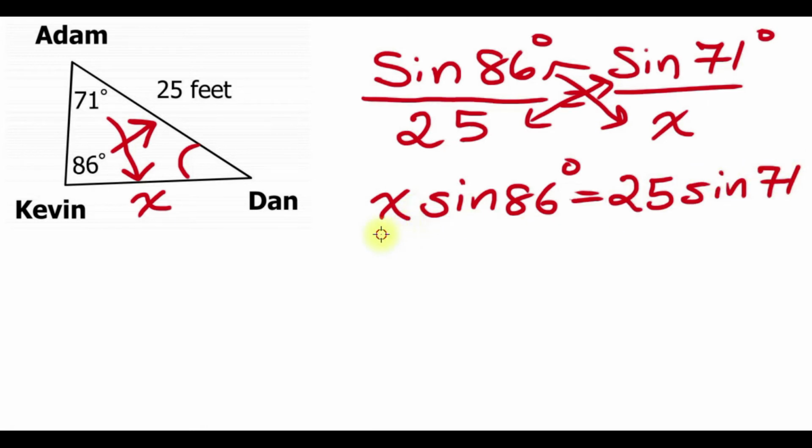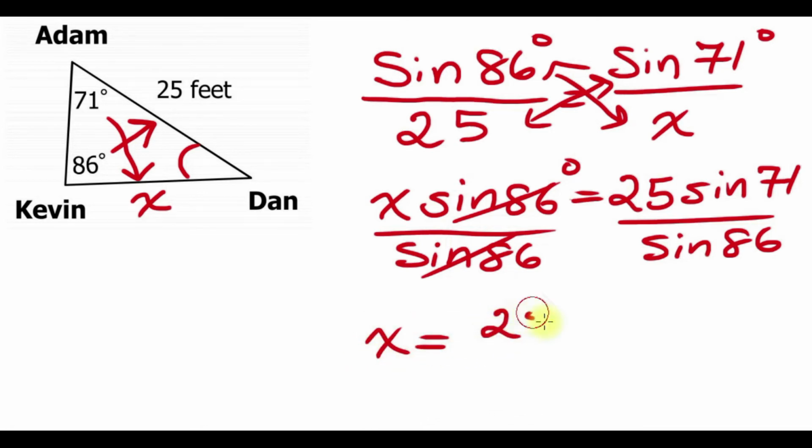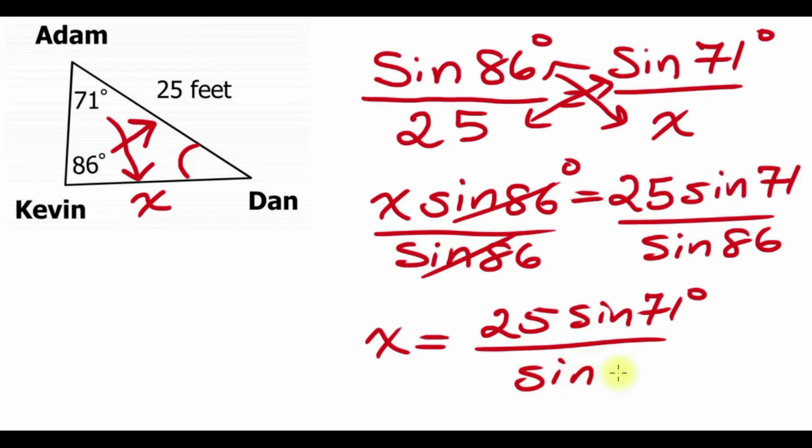Okay, so to get the x, we would divide by sine 86 degree, and then divide this by sine 86 degree. Then we take out sine 86 over sine 86. So you're left with x is 25 sine 71 degree divided by sine 86.